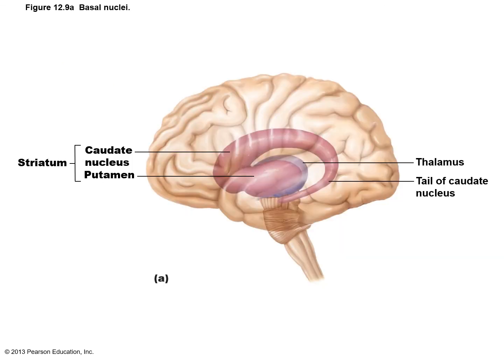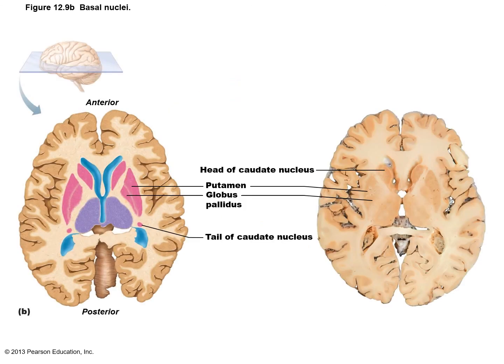Okay, this is a picture of the caudate nucleus and the putamen, which together again form the striatum. Again, another picture of the putamen and the globus pallidus. There you also see the tail of the caudate nucleus.